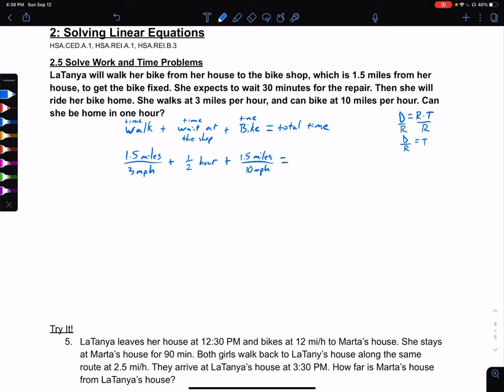And when we add all of this up, that's going to be our total time, which I'm going to change and use the variable t in terms of time. So now we can get rid of some more words, and we can say that this is 1.5 divided by 3 plus 1/2 plus 1.5 divided by 10, and when we add those up, that will be the total time.